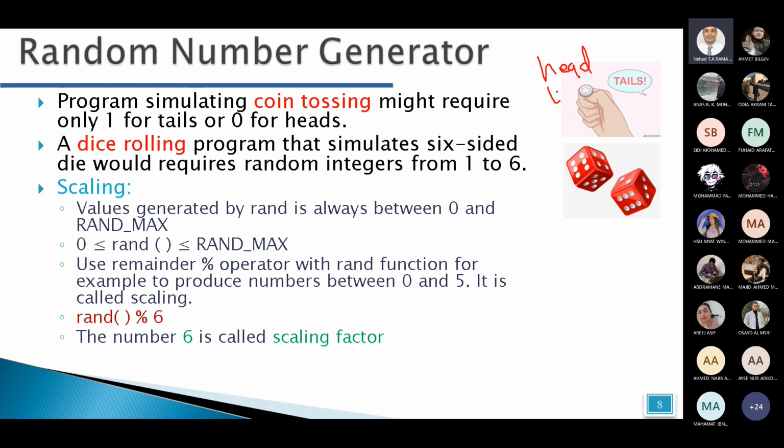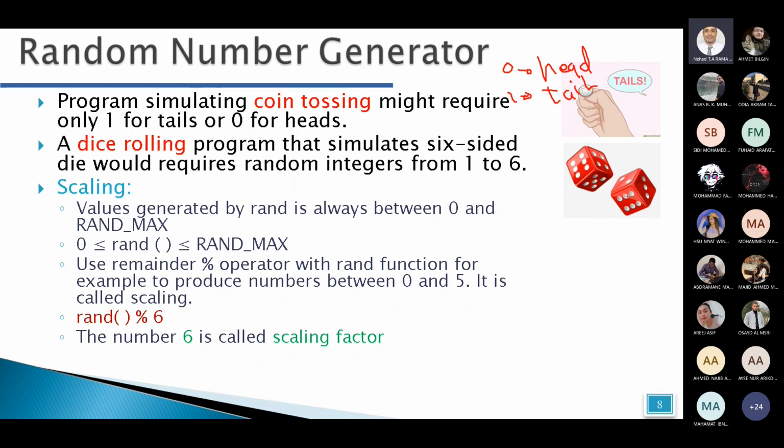Or you can get a tail. There are two choices. Then you can say 0 means a head, 1 means a tail. So you can generate the number 0 or 1. If you get 0, you get head. If you get 1, you get tail. Like this, you can simulate coin tossing.